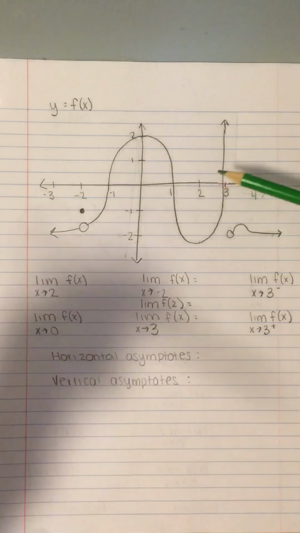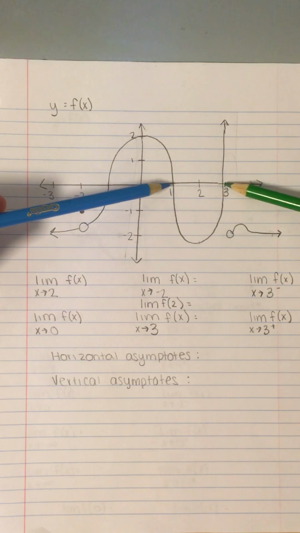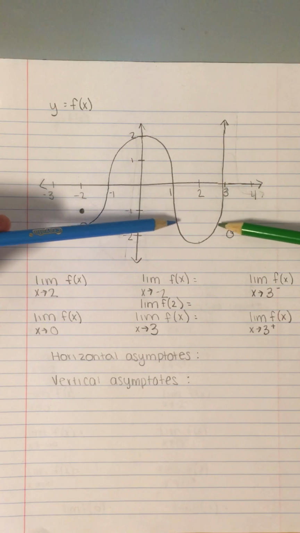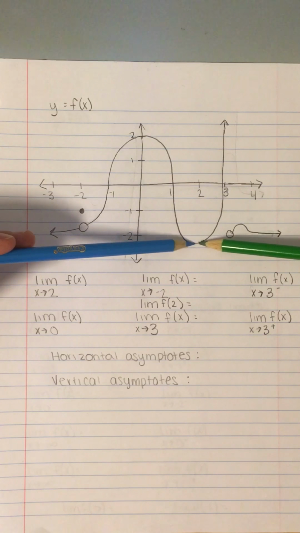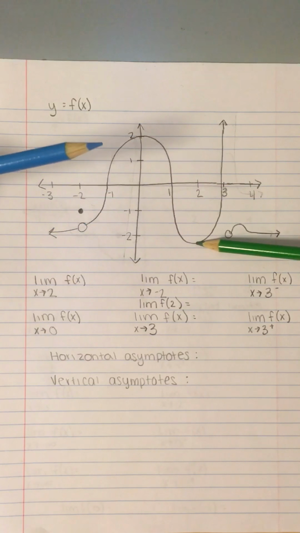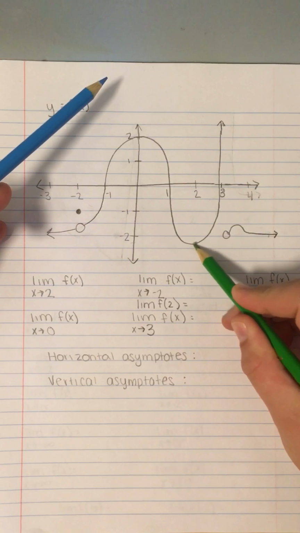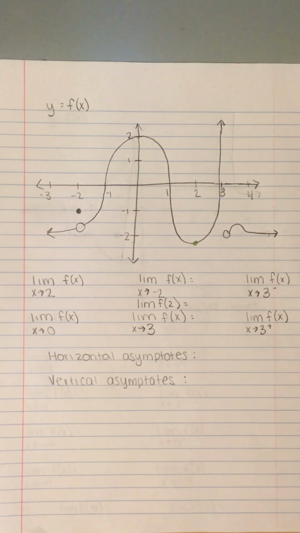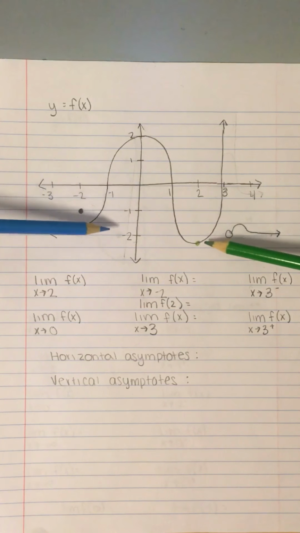Once we've found that, we're going to trace back our function from either side, from the right side and from the left side, and we're going to trace them all the way back toward x equals 2 until our two colored pencils touch. And right here, where they touch, where this green point is now, is going to be the numerical value of the limit as x approaches 2.